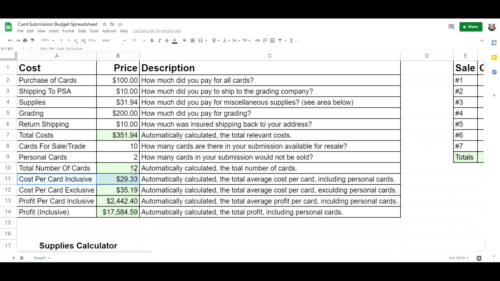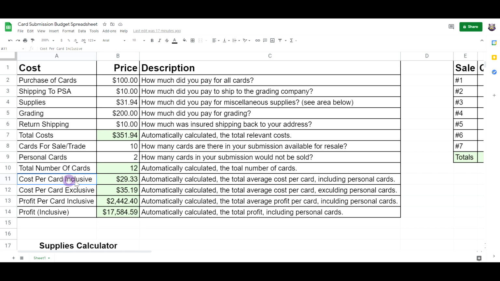351.94 divided by 12. And the reason we do that is because the two cards that I theoretically have in this submission here, right? They're for personal use. They're going in my collection. I intend on keeping them as collectibles. And I really don't want to exclude them purposefully with the intention of making it seem as though everything is a lot cheaper than it is, right?